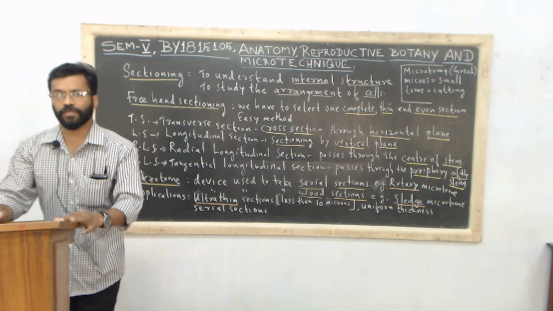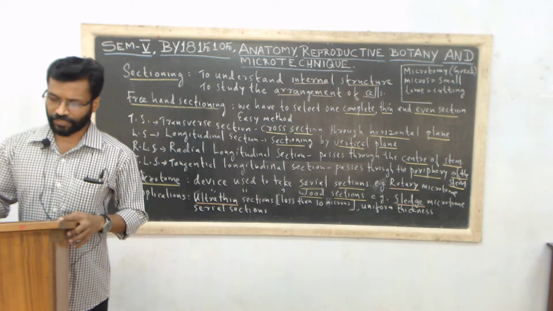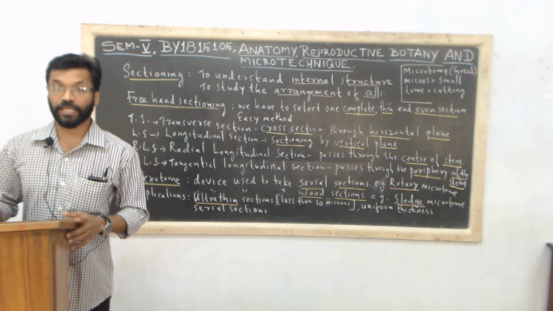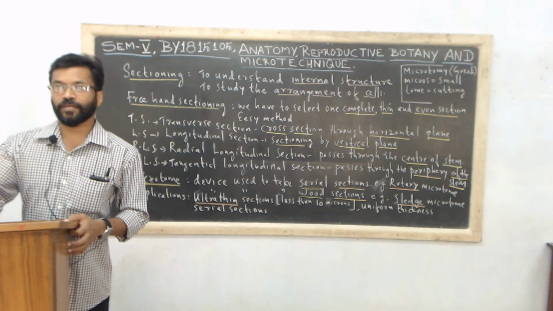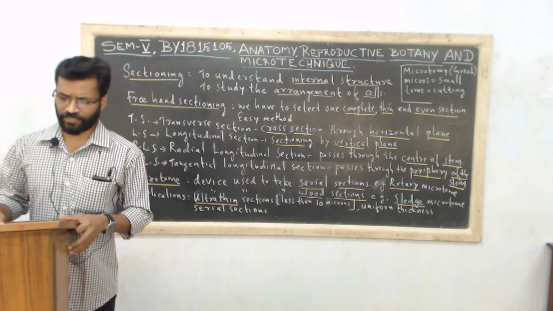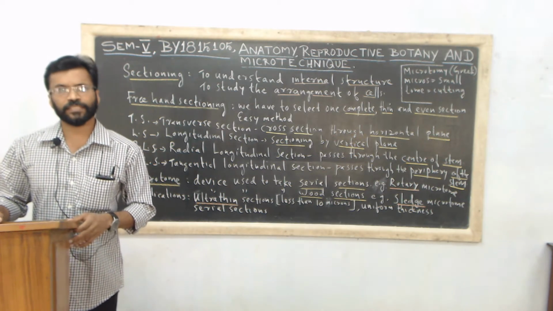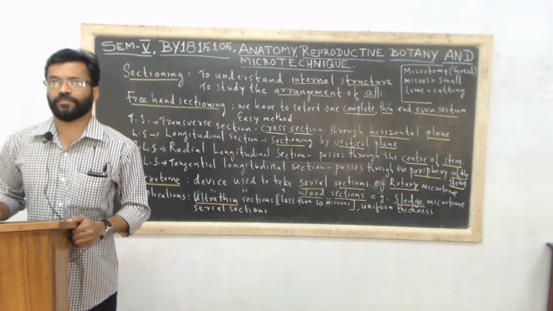That is one of the problems in freehand sectioning. Uniform thickness is not there, and the section may be too thick. It is normally encountered in normal lab practice: too thick sections, and sections less than 10 microns cannot be obtained.